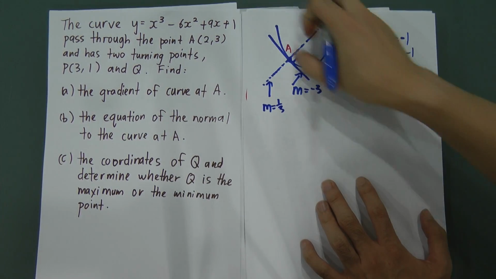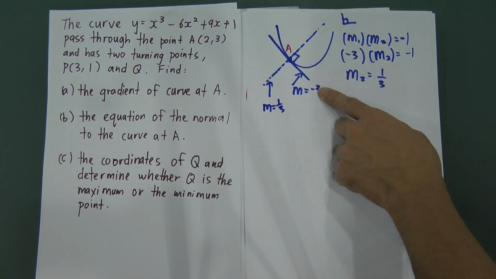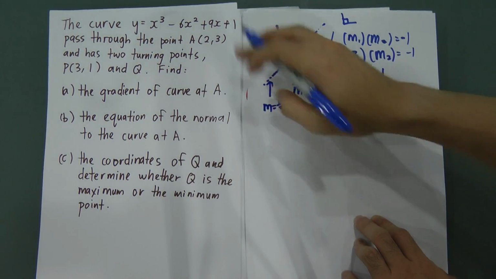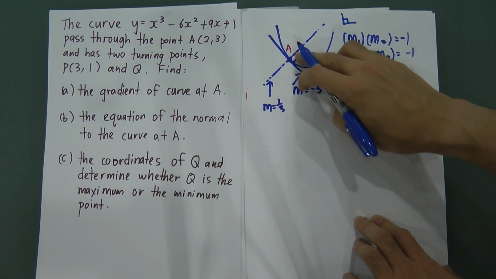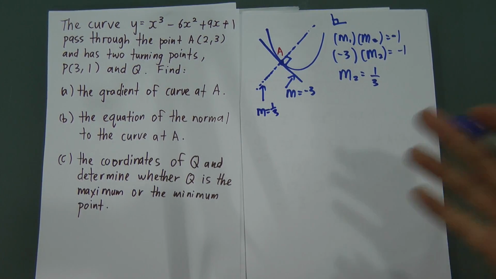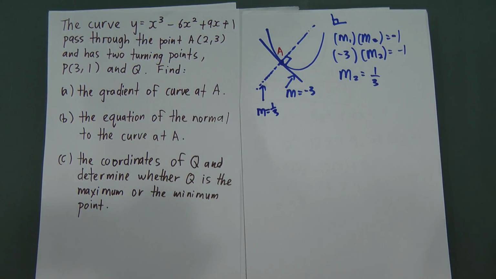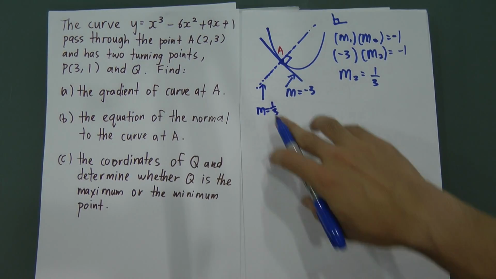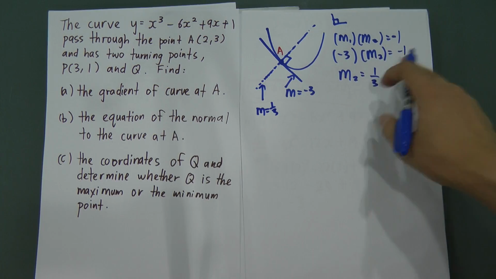The negative 3 is the gradient of the tangent, and this is the gradient of the normal. The relationship between tangent and normal is 90 degrees. When you see normal and tangent, you always have to know their relationship is m1 multiplied by m2 equals negative 1. Then you just substitute one of the m values, and you can get the other m.